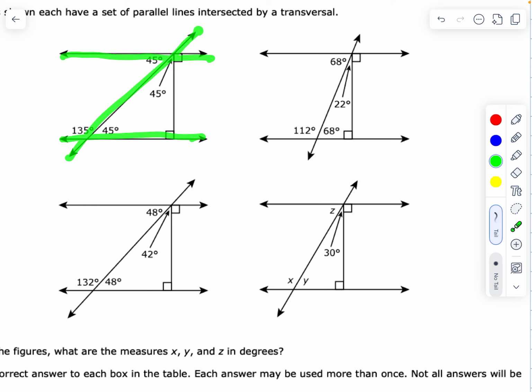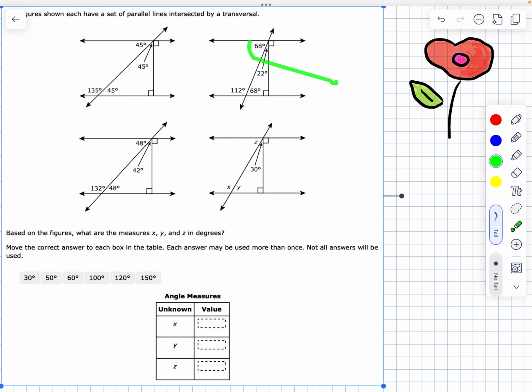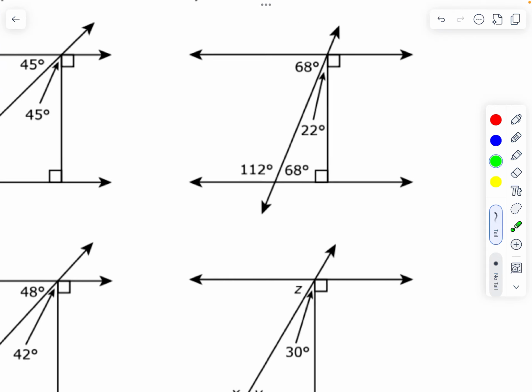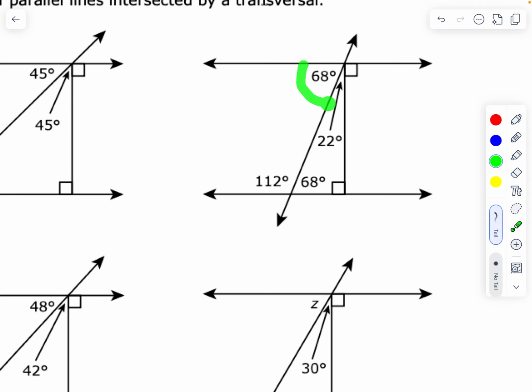That's a transversal. Okay, and because of that, it tells us that this angle right here is equal to this angle, and they're showing you that. See, they're both 45 degrees. And then this 68 degrees, this angle is equal to this angle.